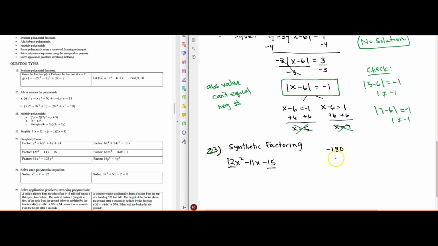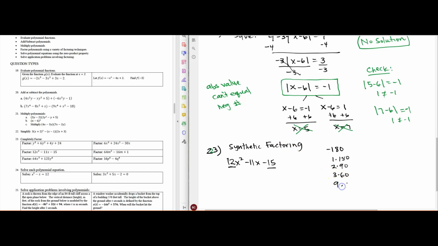You could do 1 times 180, 2 times 90, 3 times 60, and so on. So does anybody know what that combination would be? What multiplies to be negative 180 that adds to be negative 11? It's 9 and 20. Yeah, it's going to be 9 and 20.